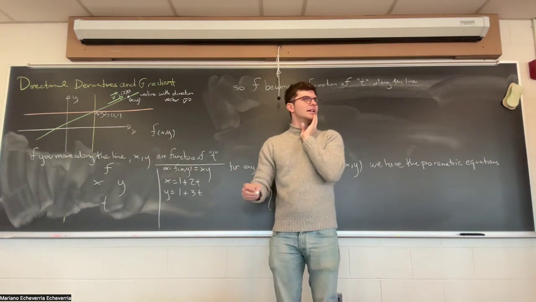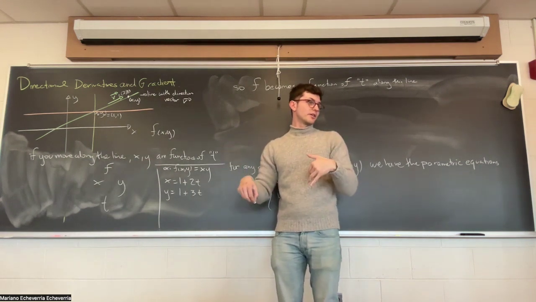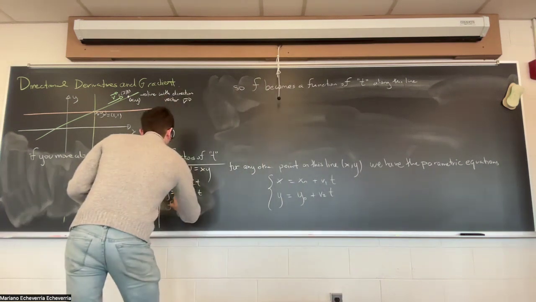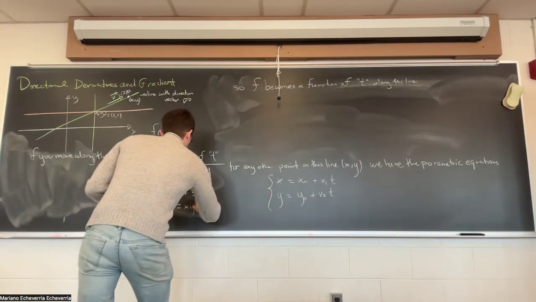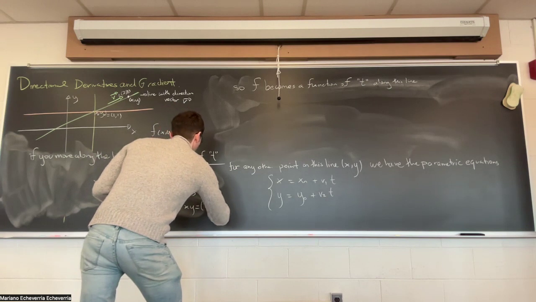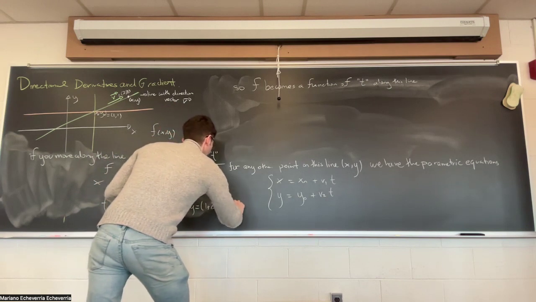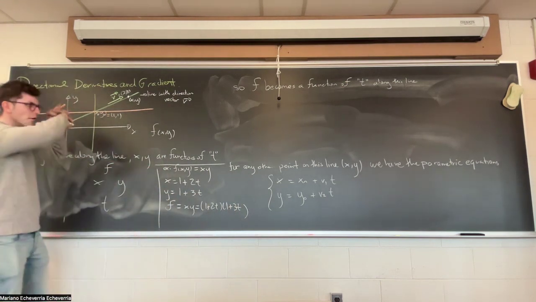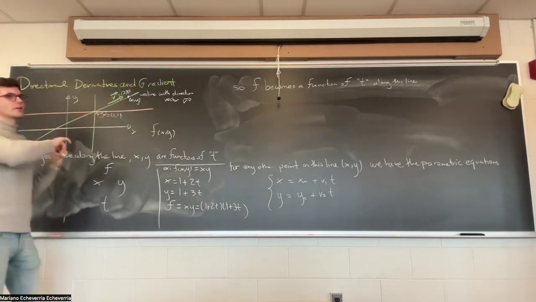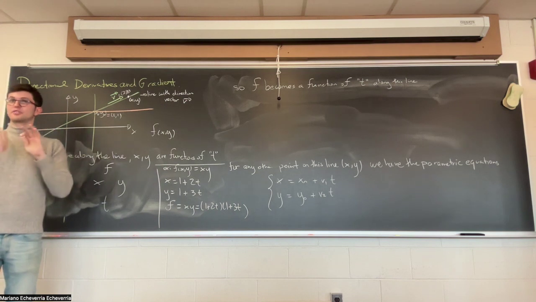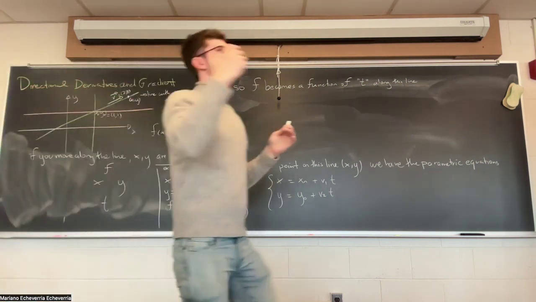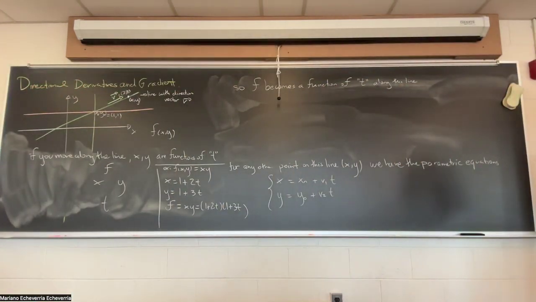Is that making sense? x and y become functions of t, and so the function along the line would be x times y, which becomes (1 plus 2t)(1 plus 3t). If you focus your attention on this particular line, the function, which originally was a function of two variables, becomes a function of one variable. It's similar to what we were doing in the path test with limits.